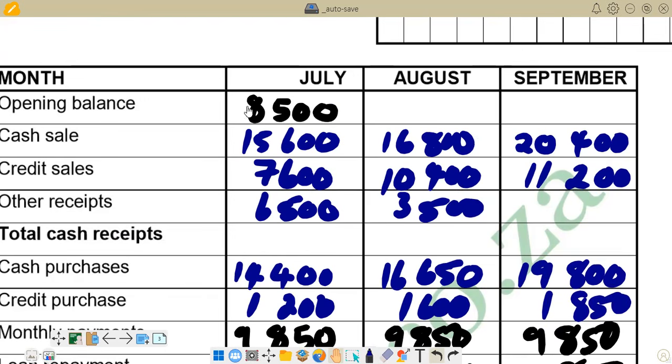So you're going to add 8,500 plus 15,600 plus 7,600 plus this one, which is 6,500. If we add this one plus this one plus this one plus this one, the total that you get there is 38,200.